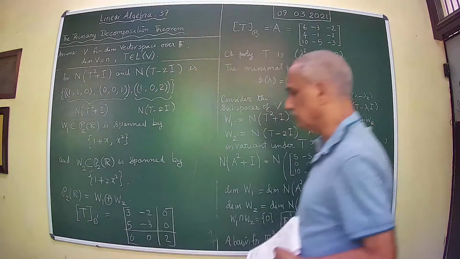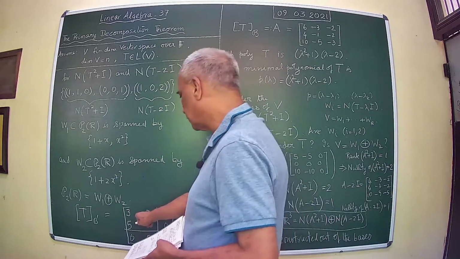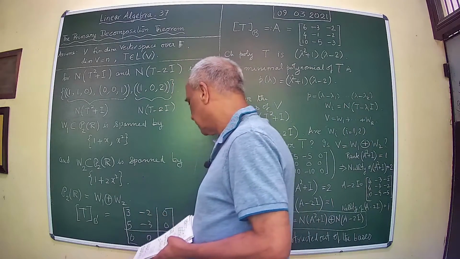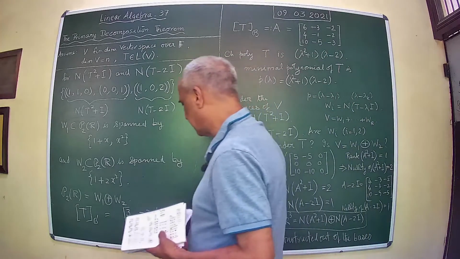It goes into blocks. There is a 2 by 2 block here. There is a 1 by 1 block. So this is the representation.